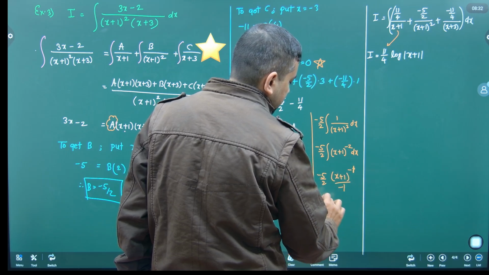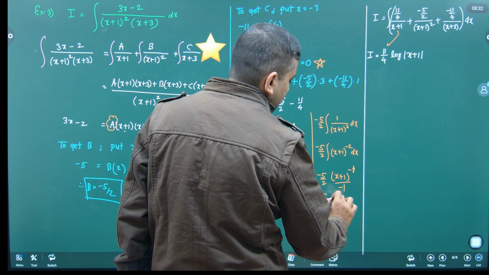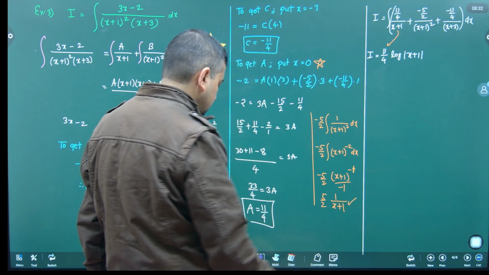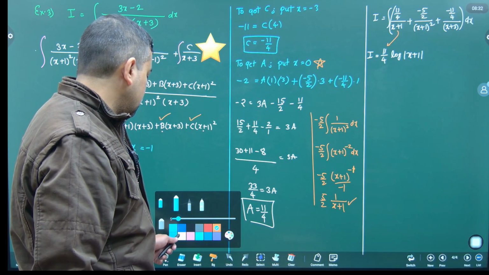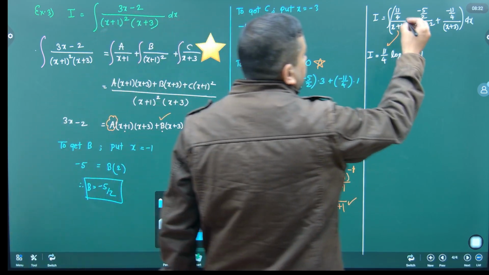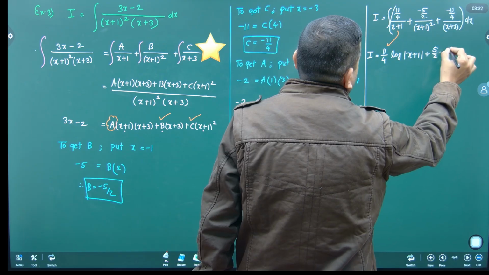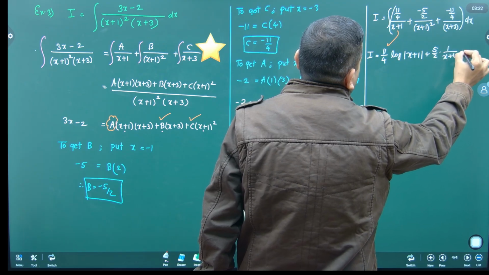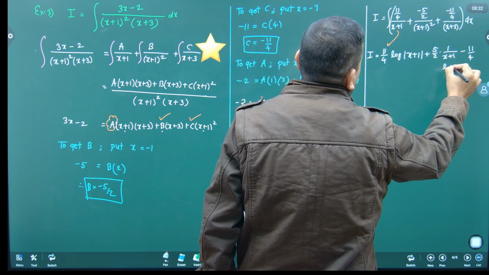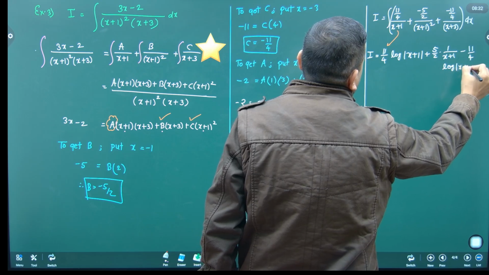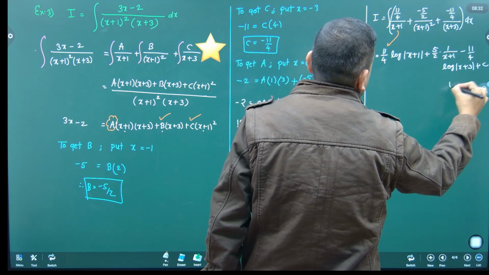Minus minus will become plus 5 by 2 into 1 upon x plus 1. This is the integral. So the next term integral, how much are you getting? Plus 5 by 2 into 1 upon x plus 1, minus 11 by 4 log of x plus 3, plus c. This is your answer.